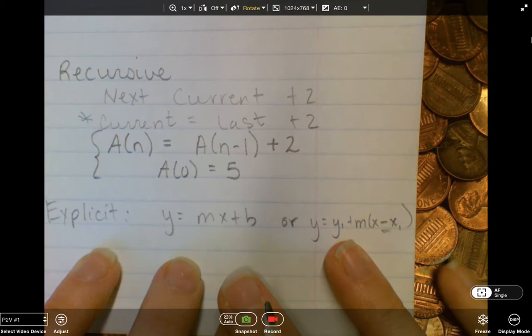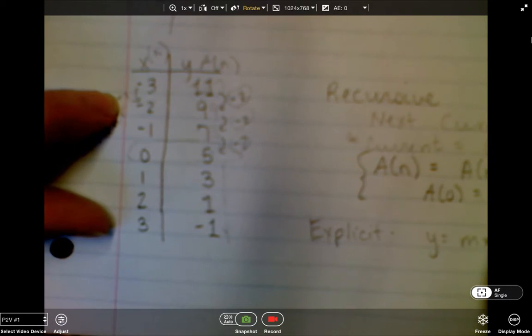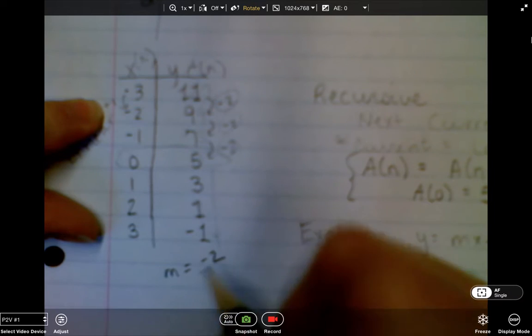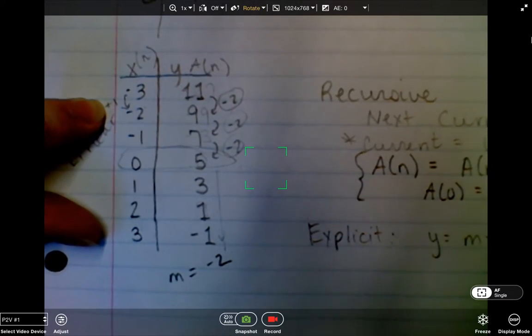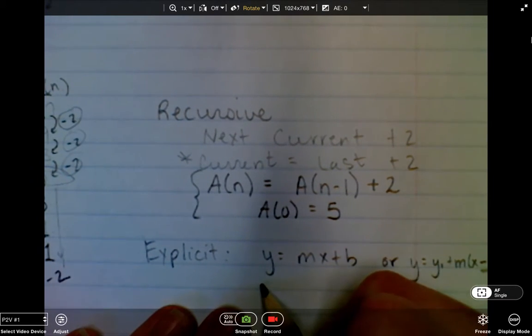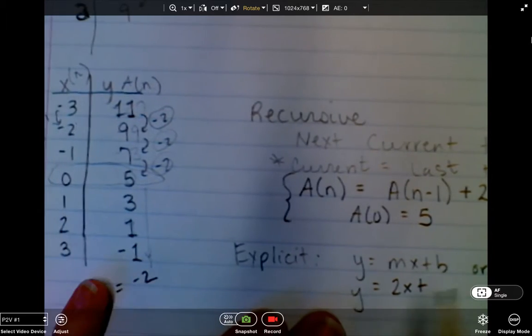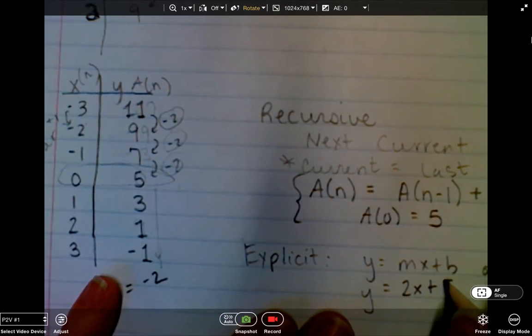So come back over here, I'm looking at my table. The change in y over the change in x gives me a slope of 2 for all of my questions. So I could say y equals 2x plus my y-intercept, which is when x equals 0, 5.